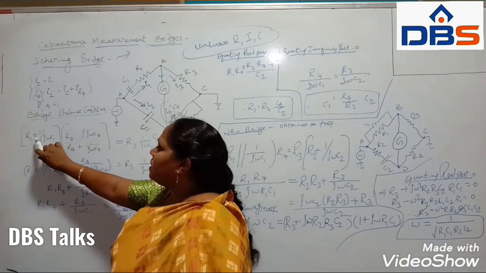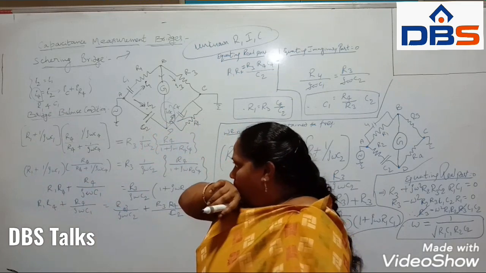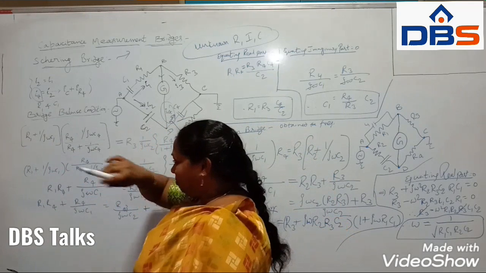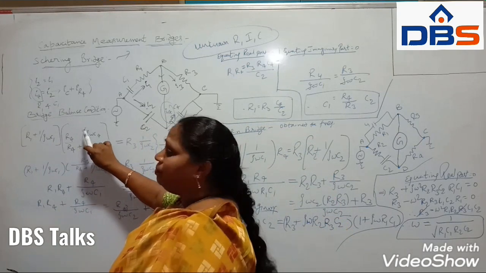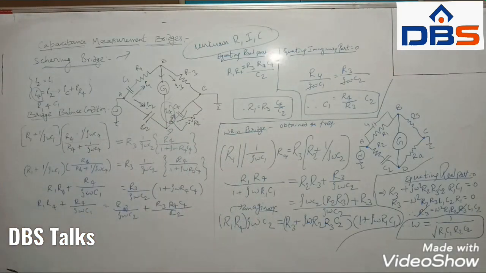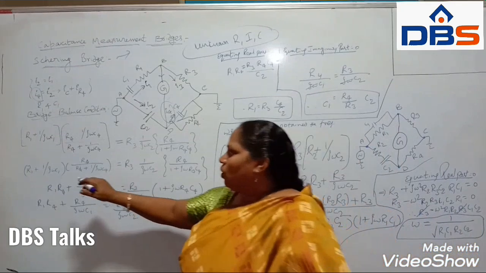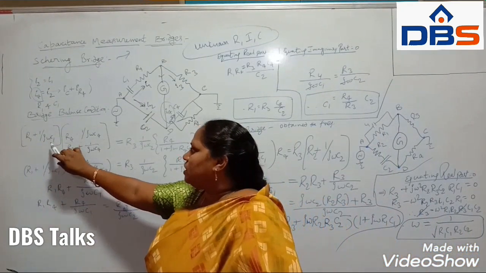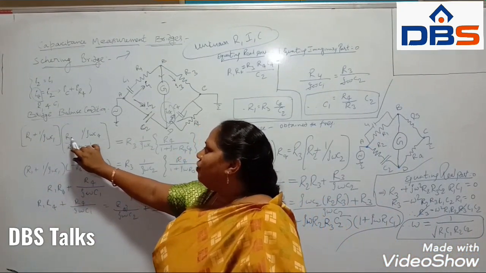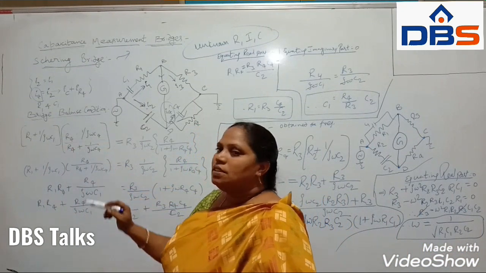That is R1 plus 1 by j omega C1, into R4 into 1 by j omega C4 by R4 plus 1 by j omega C4.